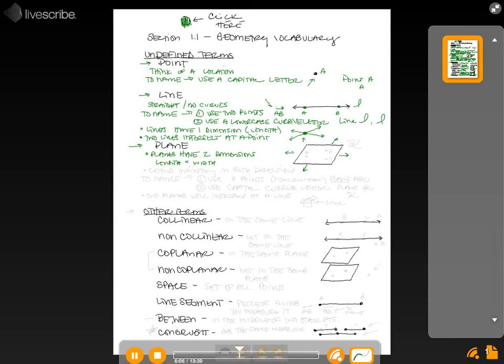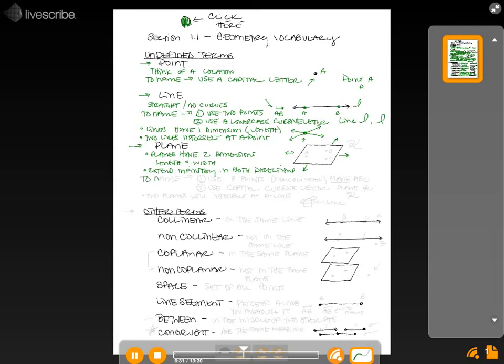So planes have two dimensions, length and width. They extend infinitely in both directions. Okay? A lot of times you won't see the arrows drawn on the end of it, but you need to understand that it's meant to extend in those two directions.